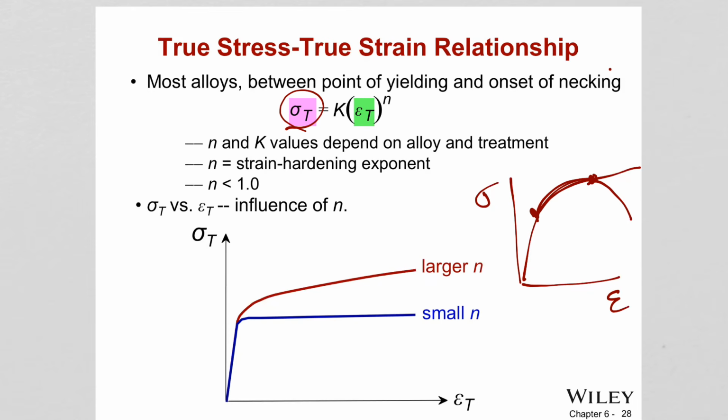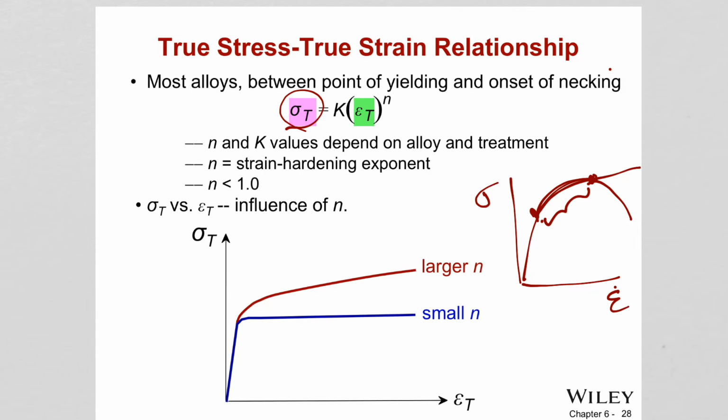Okay, and what we call n is the strain hardening exponent. Later we're going to see in this region what actually happens as we deform the material plastically. It is getting stronger and stronger, and we're going to see why that is in the later chapters.